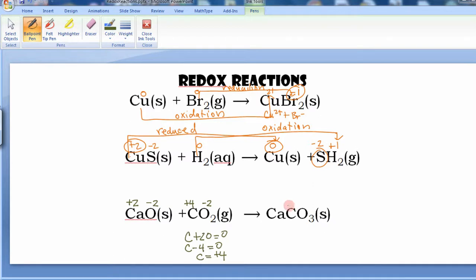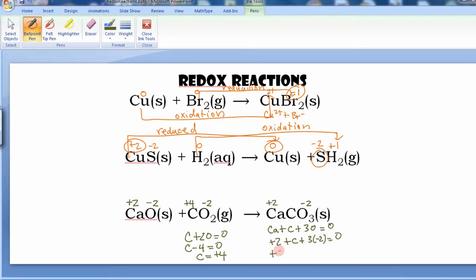Calcium carbonate, solid. So what would we have? Well, we know this is -2. This is what, a group 2 metal, so it should be +2. Now write this out so you can get the hang of it. Calcium plus carbon plus 3 oxygens equals 0. So let me substitute. +2 for calcium, plus carbon is our unknown, plus 3 at -2 equals 0.